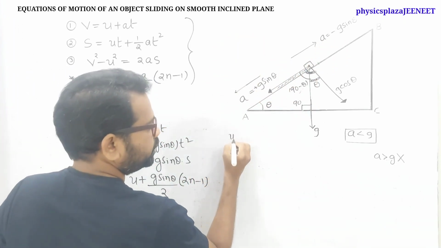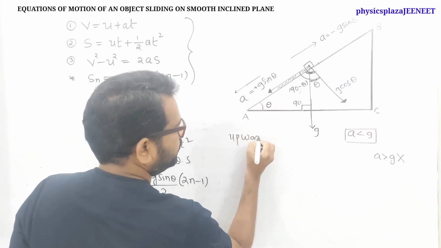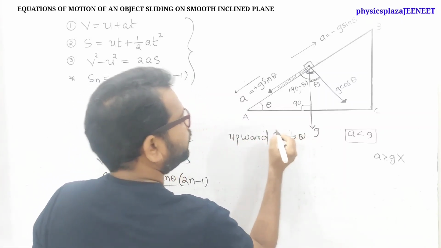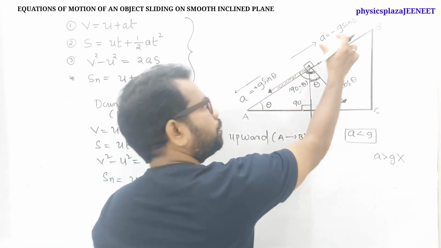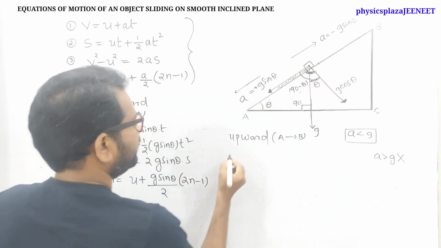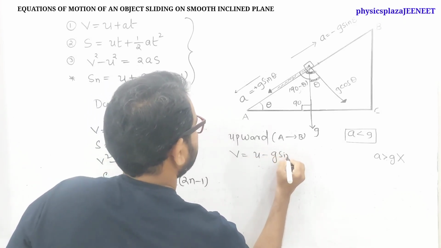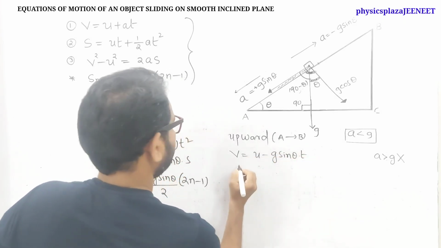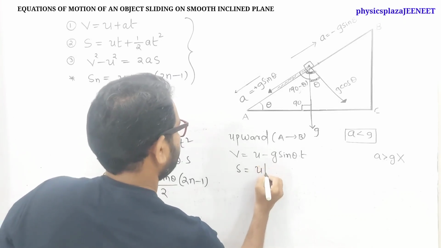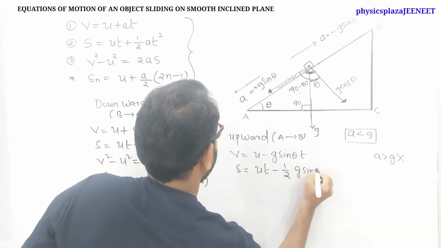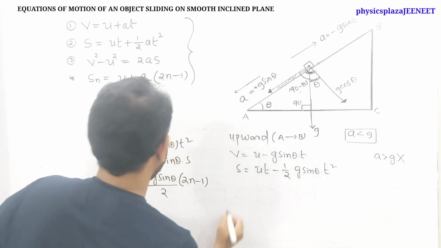Whereas if it is for an upward case, upward means A to B, then simply in the place of G sin theta, we substitute minus G sin theta. Then we get the equations of motion: V is equal to U minus G sin theta into T. S is equal to ut minus half G sin theta into T square.